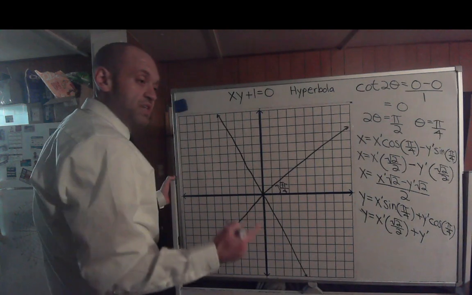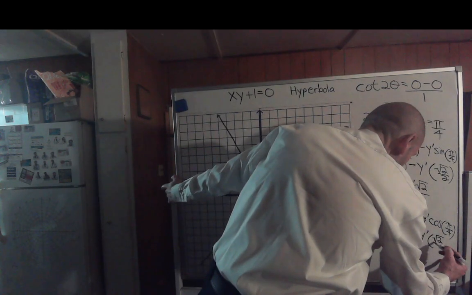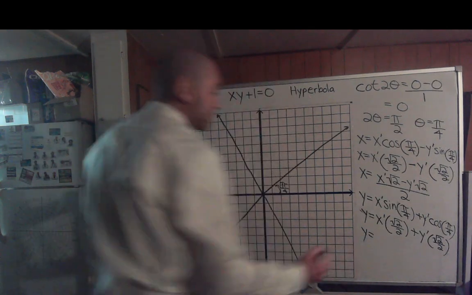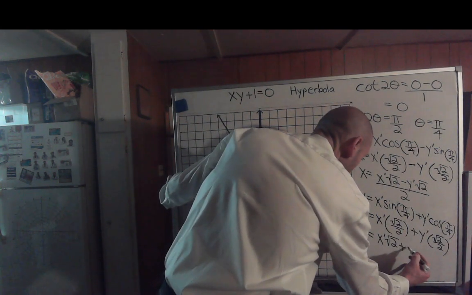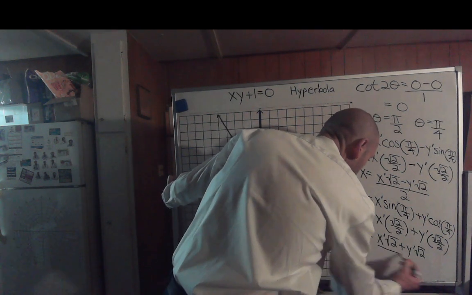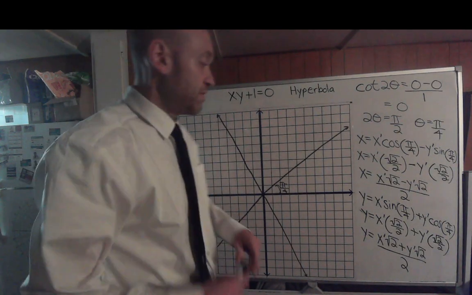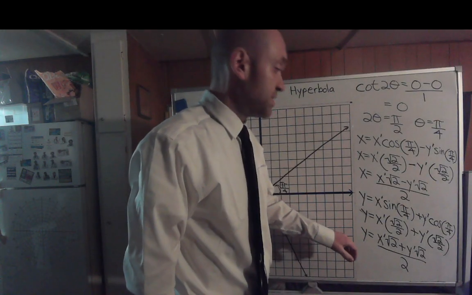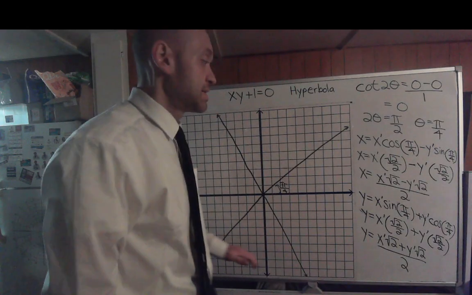Now the cosine of pi over 4 is also the square root of 2 over 2. So that means y, we can substitute for x prime times the square root of 2 plus y prime times the square root of 2 all over 2. So now we have equivalent values in the xy coordinate plane for our x and y's.